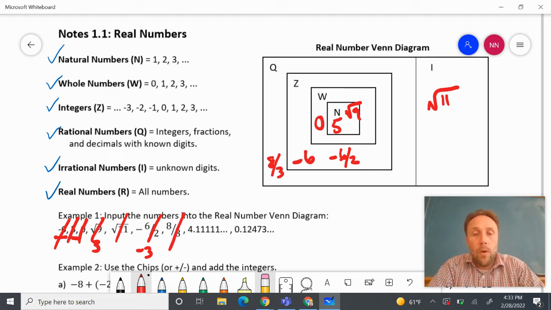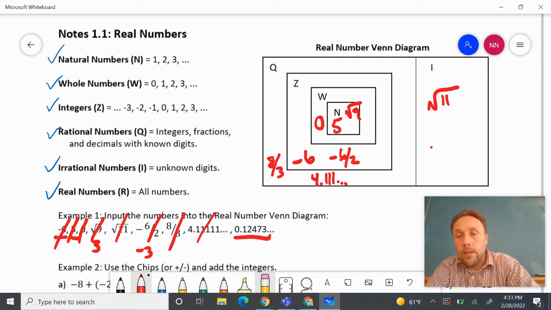And then 4.111 repeating, we know the next digit is 1, so that would be considered a rational also. For our last one, we don't know what the next digit is, so that's why we would include it as irrational.